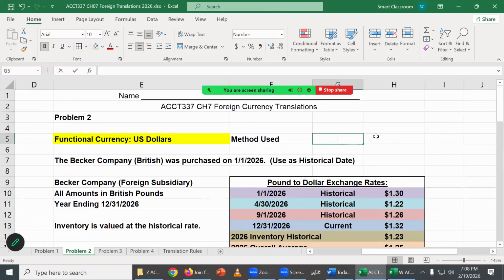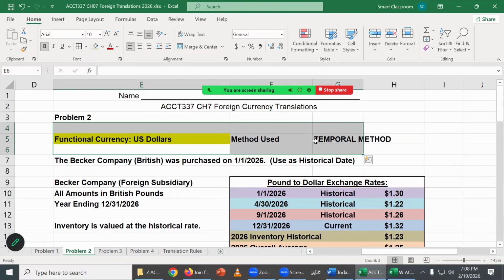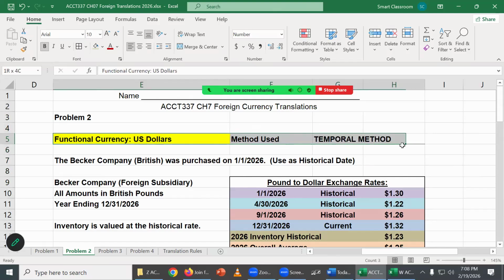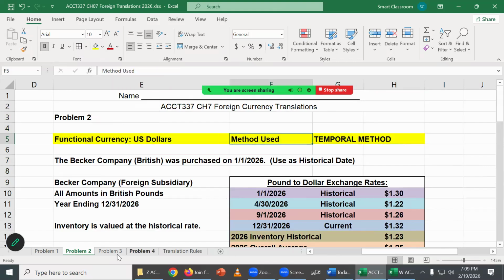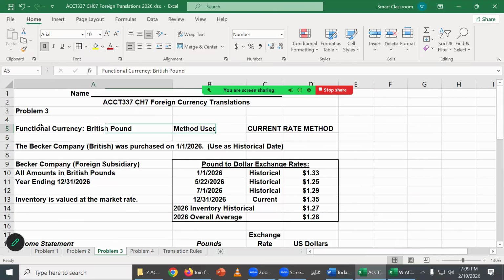This is the temporal method. So 2 is a temporal method, and 4 will also be the temporal method. Okay, so problem 3 is the current method.